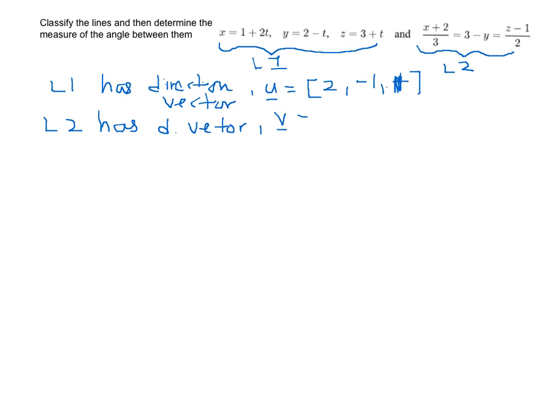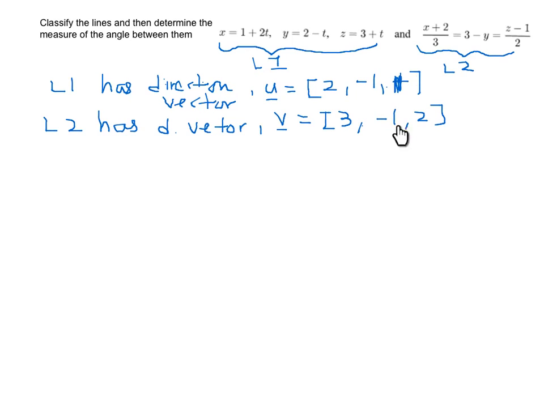Let's call it V, and that will be 3, -1, and 2. And why is it -1? Because here 3 clearly, and then the last component 2. This should be something like y minus a value divided by a value, but now you see it's 3 minus y. Clearly the whole thing is divided by -1, so we know that this component is -1.